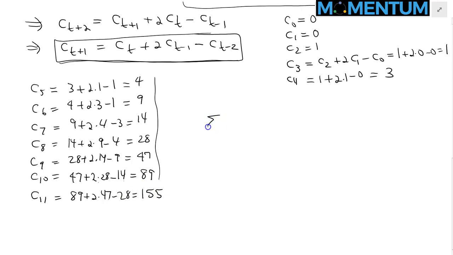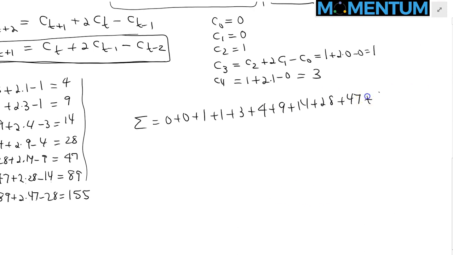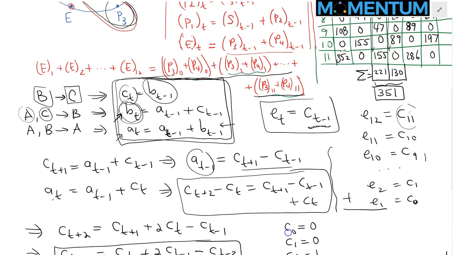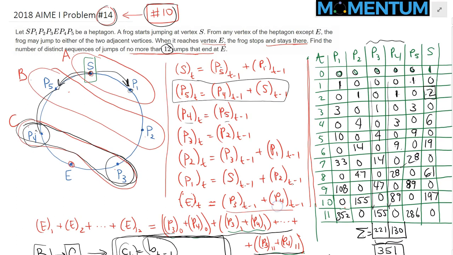The sum would be 0 plus 0 plus 1 plus 1 plus 3 plus 4, 9, 14, 28, 47, 89, and then 155. And no surprise, if you add all these numbers, you will get the final result of 351 as the answer to this second recursion problem in the same AIME.